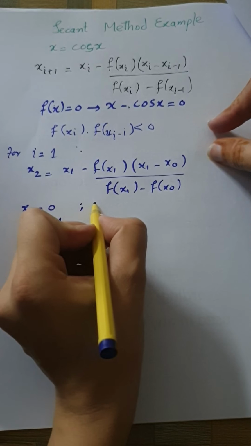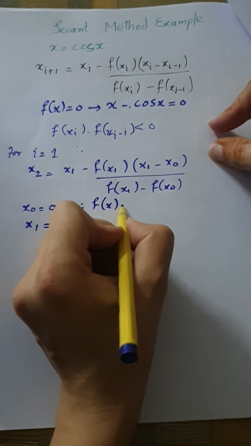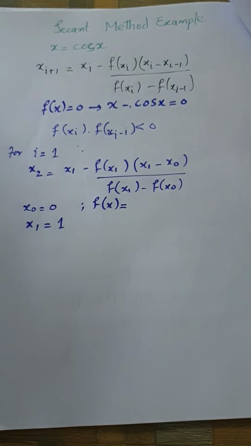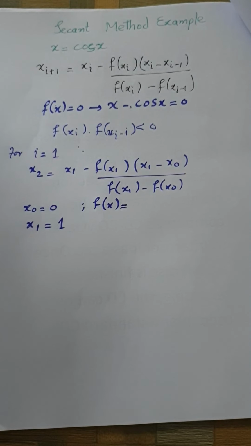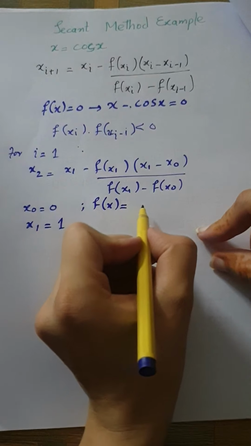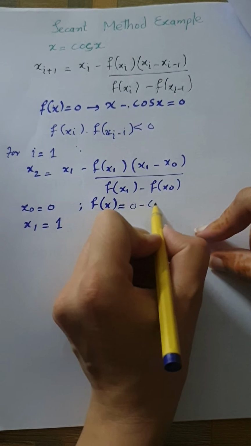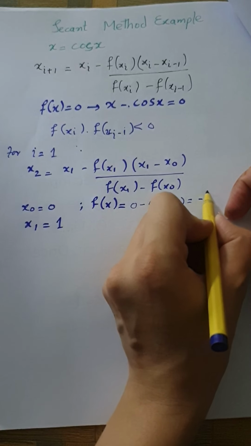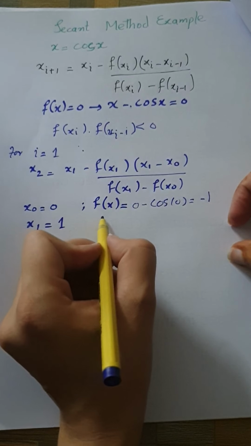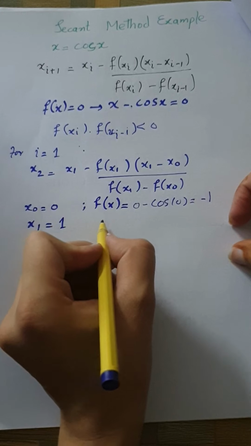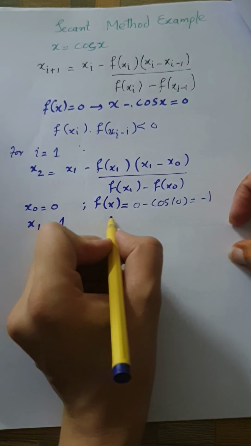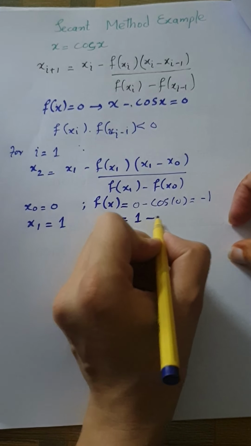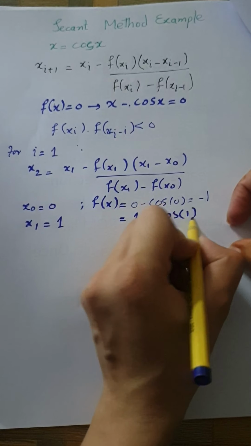At these two points, f(x0) is 0 minus cos 0, which gives us minus 1, and for x1 equal to 1 we have f(x1) equal to 1 minus cos 1.